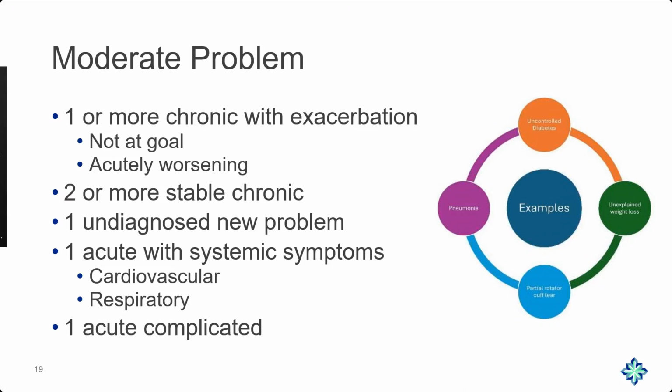Maybe it's a broken rib, but we have to evaluate their lung capacity because maybe that rib punctured a lung. We're looking at something that might be a little bit more complicated for that patient. How it's complicated, why it's complicated for that patient, along with everything else, does need to be addressed in the documentation.